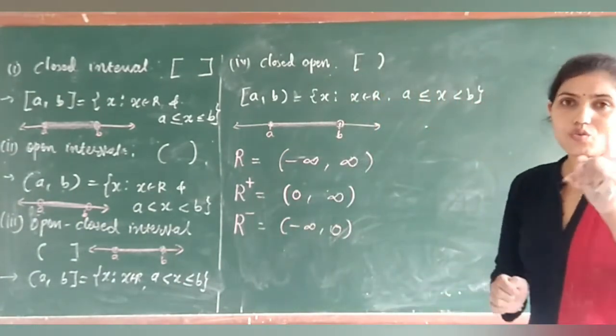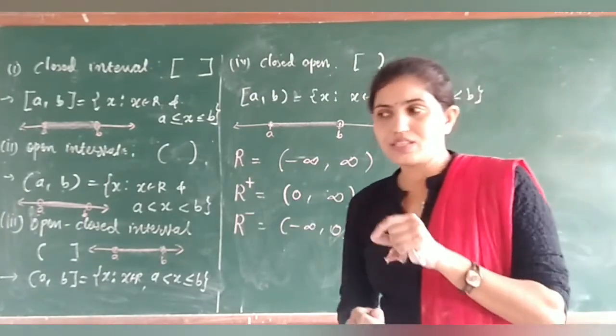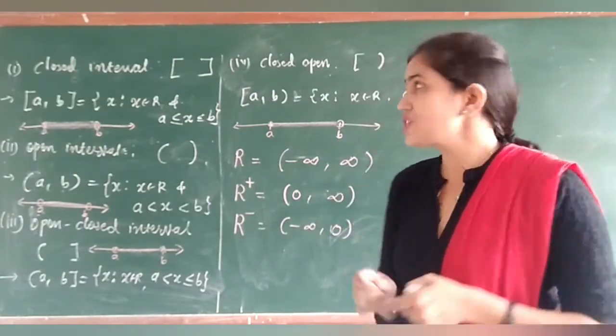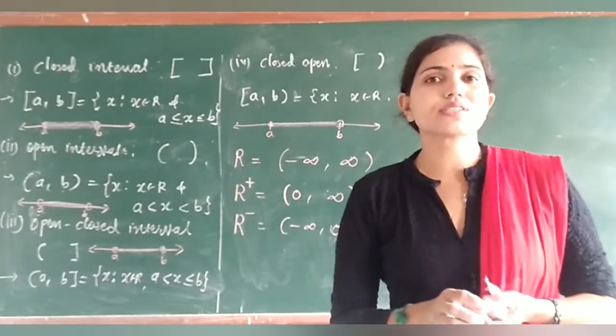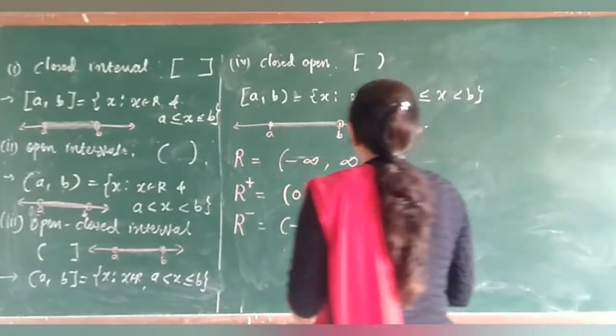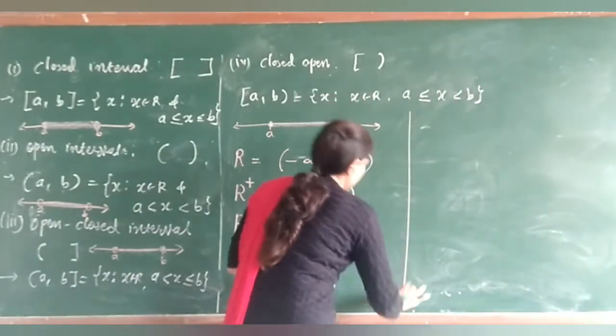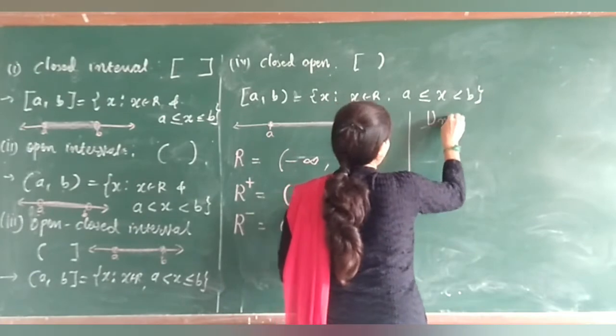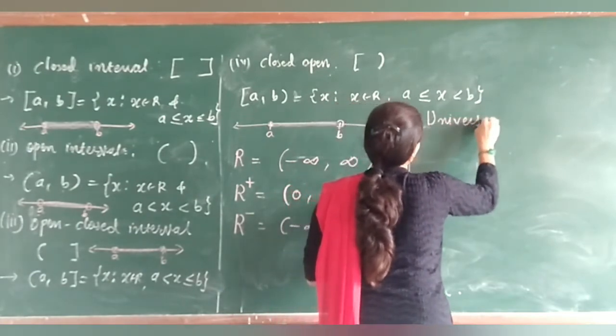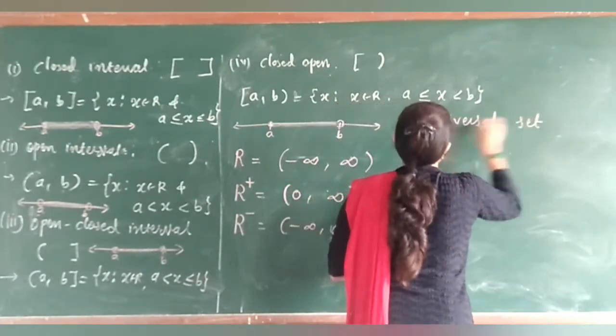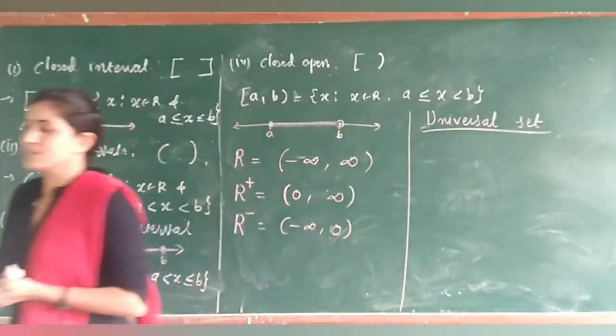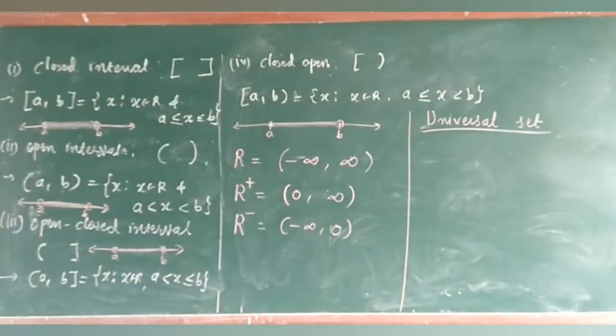Now another one, and the last topic of this section, only this much, that is the universal set. So what is the universal set? Let me see the universal set. तो आपने अभी बहुत सारे सेट देखे हुए हैं यहाँ पर.